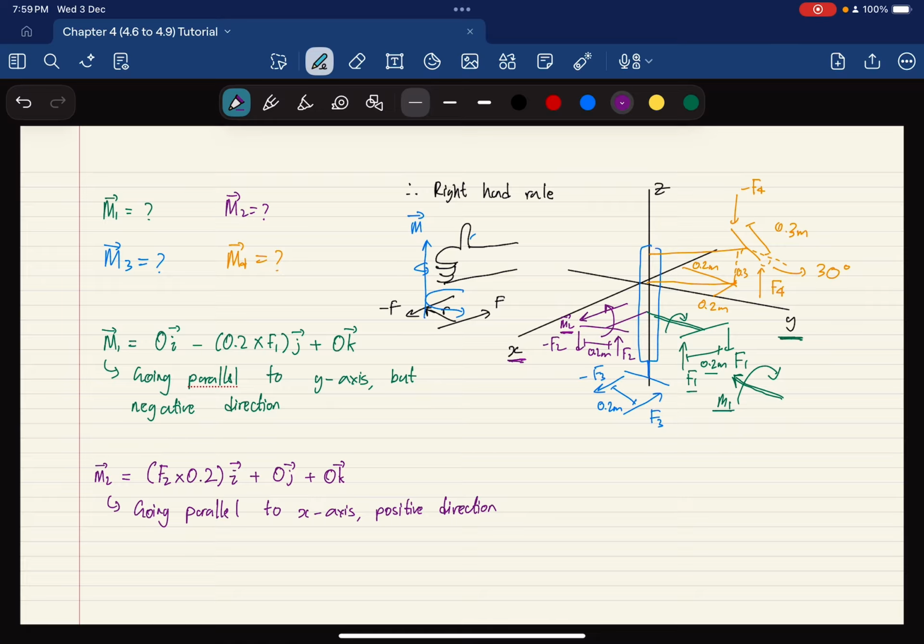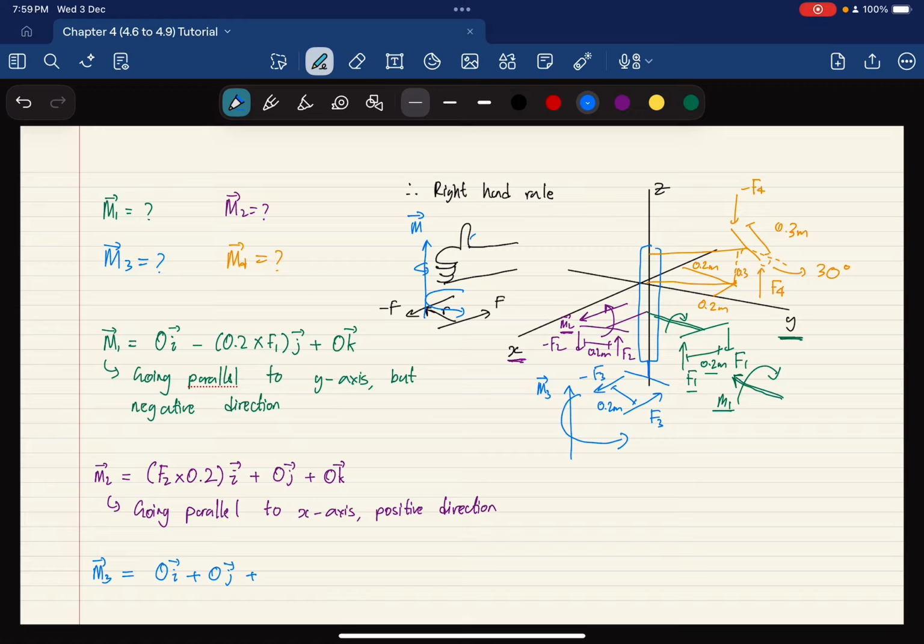How about your M3? Now M3 is rotating like this, meaning that if you follow your right-hand rule, the vector M3 is actually pointing upwards, in the positive z direction. So your M3 would be 0i plus 0j, and how much k would it be?